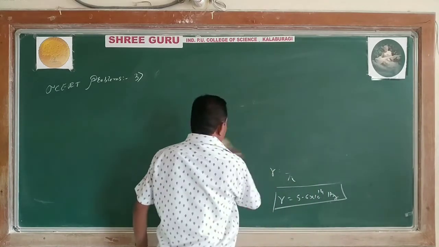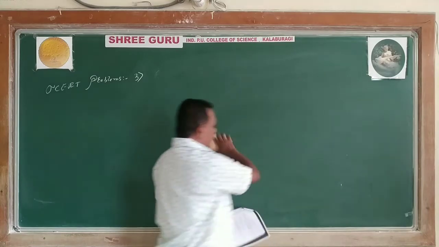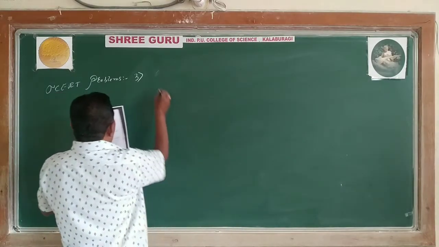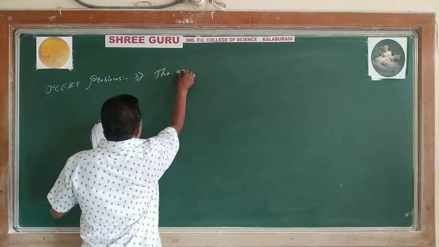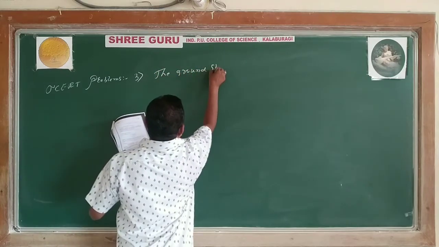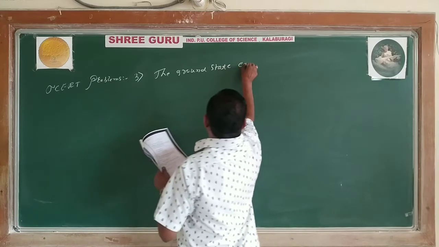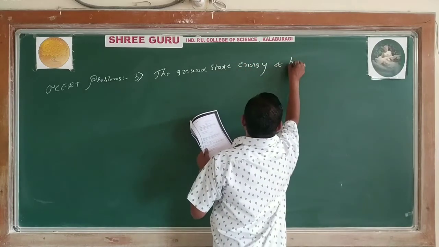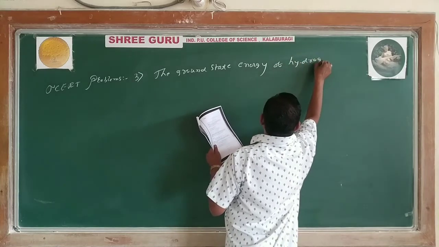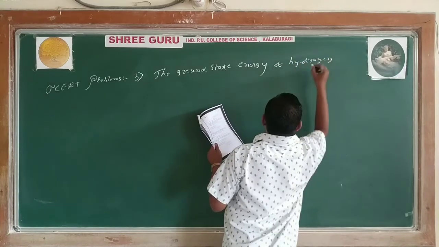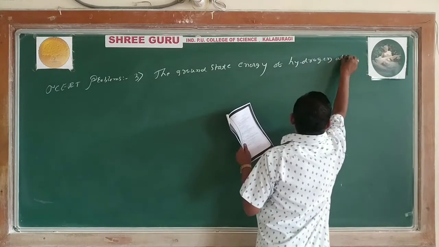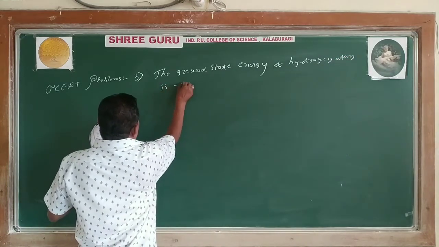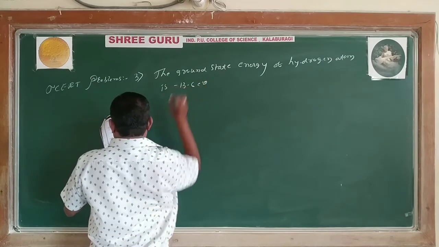Third problem, देखो. So what does the third problem tell? The ground state energy of hydrogen atom is minus 13.6 electron volt.